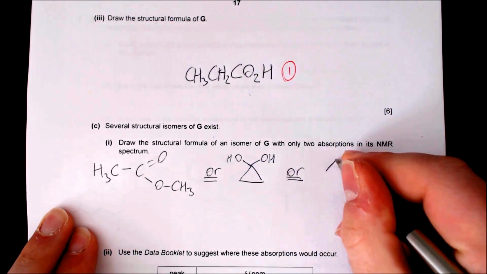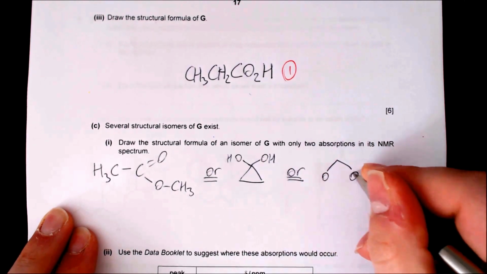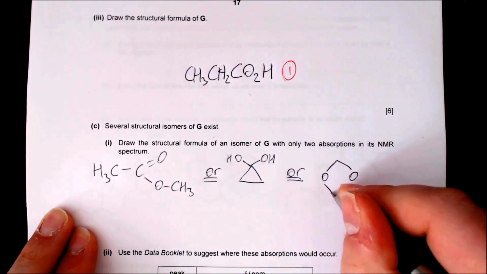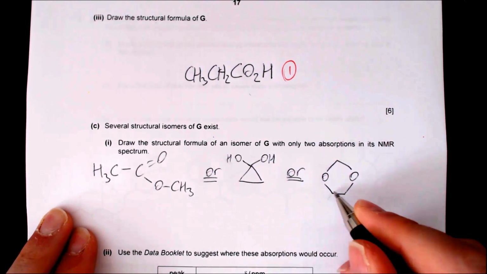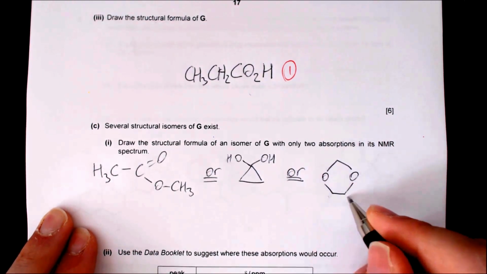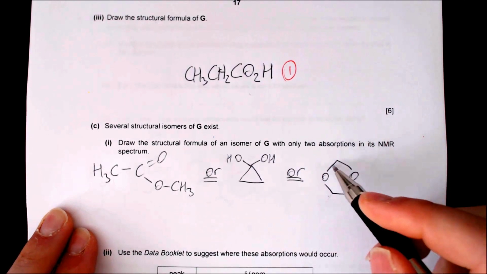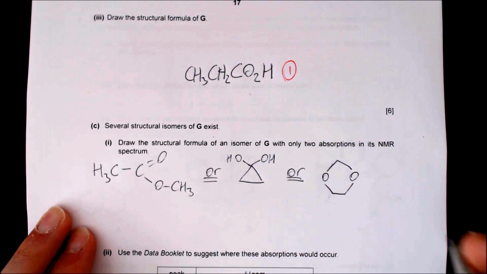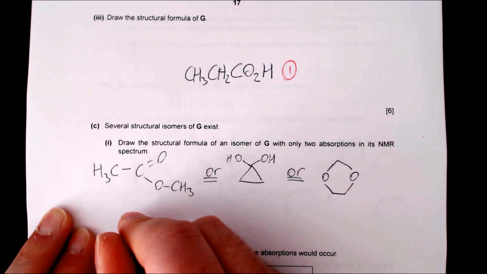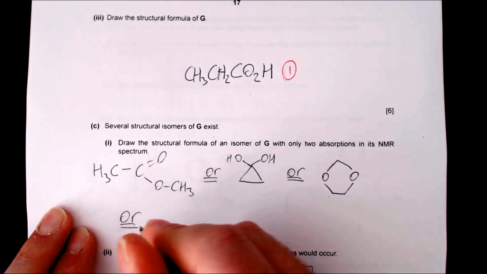Or we could have this one. 2 oxygens there. So again, there's hydrogens hanging off this one. These two would be in the same environment. And then this one would be a different environment. So you'd have 2 environments there. Or you could have it the other way around. So let's put the O there.